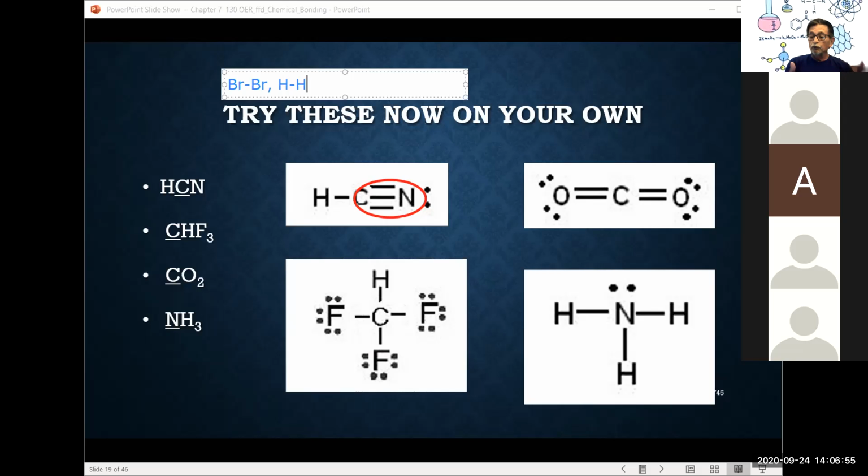Therefore, you don't have a polar bond. So all of the diatomic molecules, all 7 of them, all those bonds are nonpolar, plus the carbon-hydrogen bond. So you only have 8 examples of a nonpolar bond, which results in a nonpolar compound, okay?